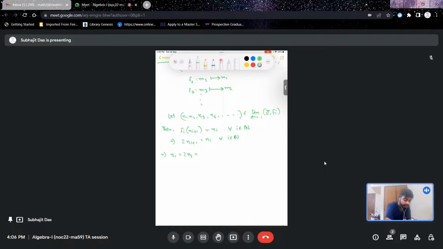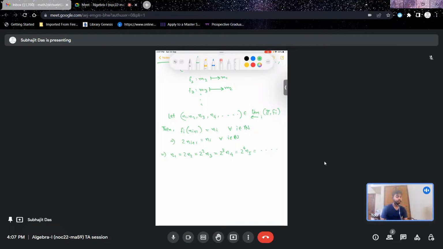We are basically having a recurrence relation here, right? So n2 is 2 times n3, so 2 times n2 will be 2 squared times n3, which is equal to 2 cubed times n4. Again n3 is 2 times n4, so this is 2 cubed times n4, which is equal to 2 to the power 4 times n5, and so on.